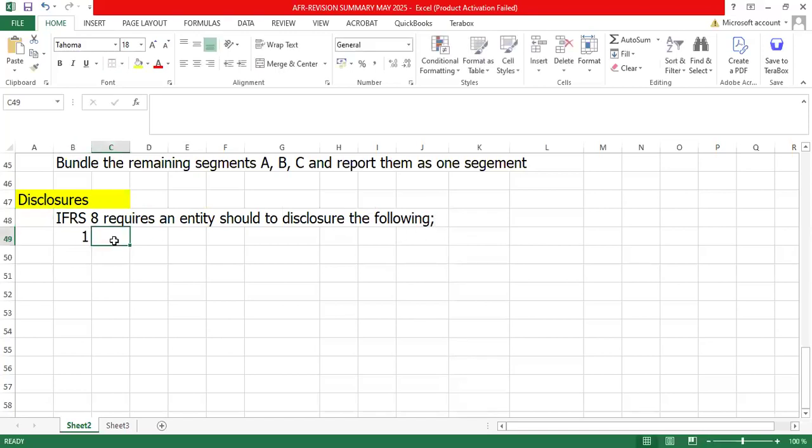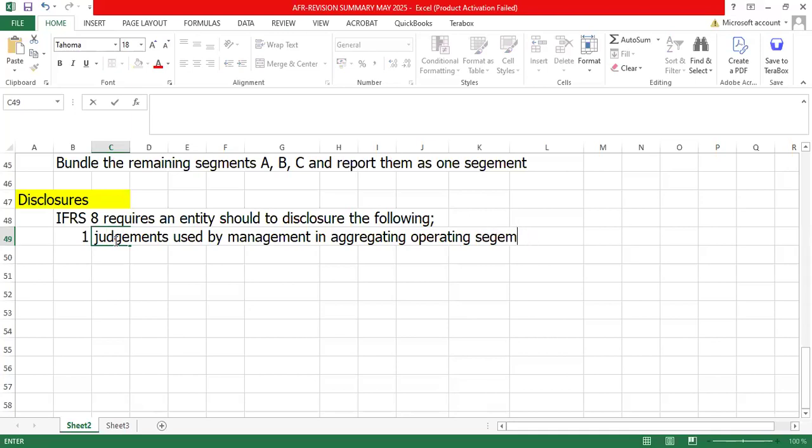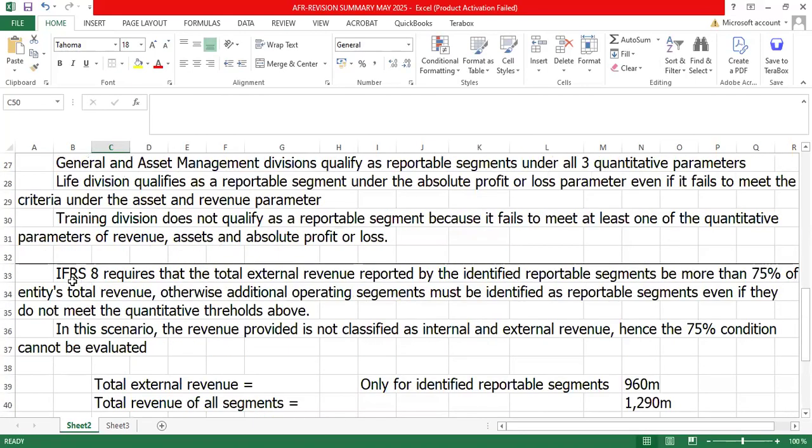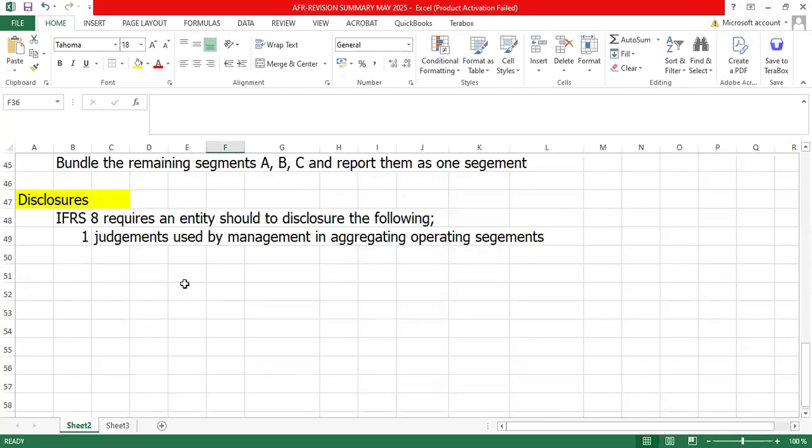One, you are going to tell the users the judgments used by management in aggregating operating segments, especially if you have applied that 75% condition.